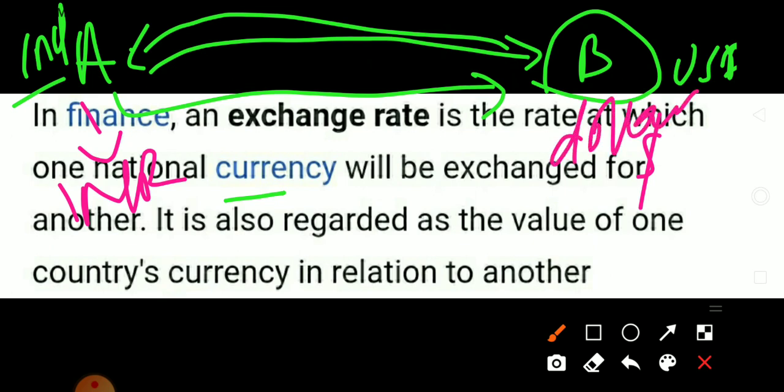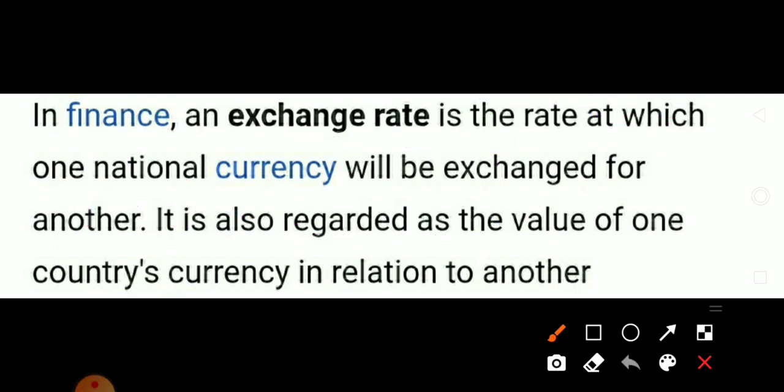When someone goes from India to the USA, the rupee will be converted to dollars. Similarly, vice versa, dollars should be converted to INR if someone is coming from the USA to India. So this is the basic definition of exchange rates.